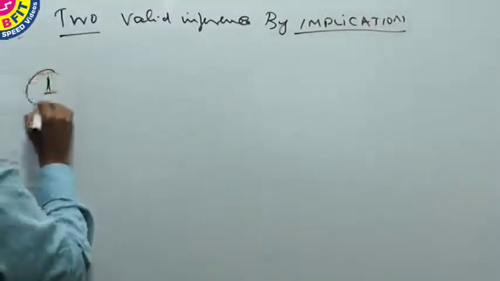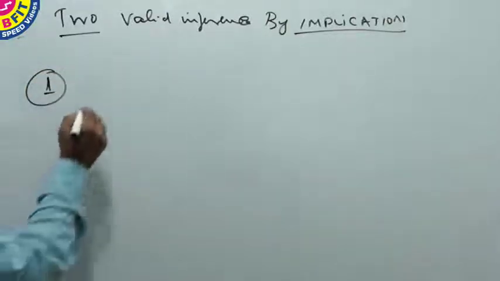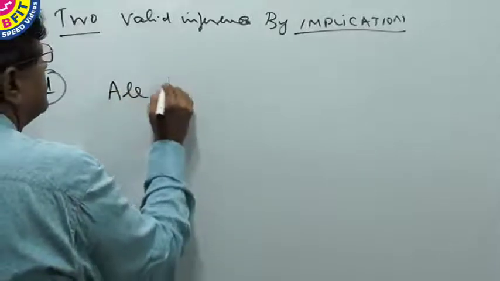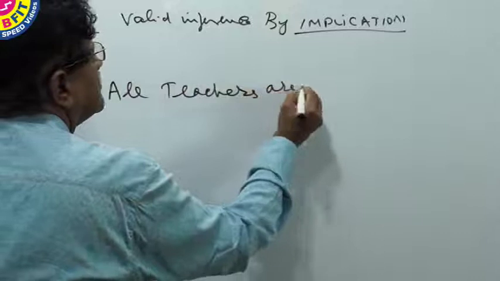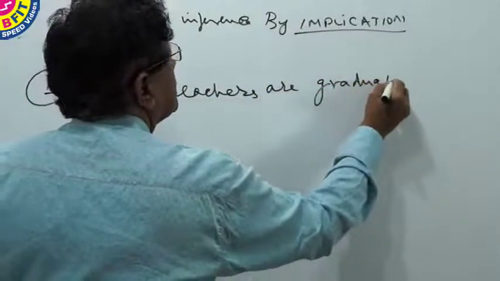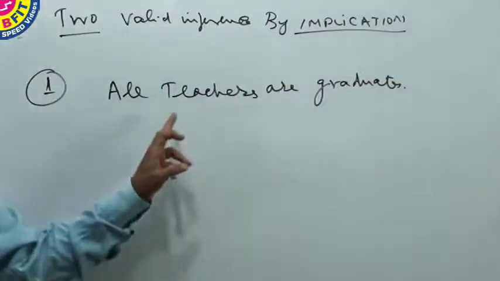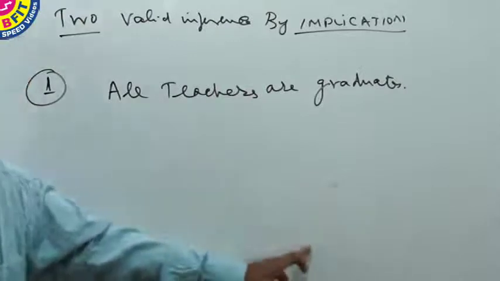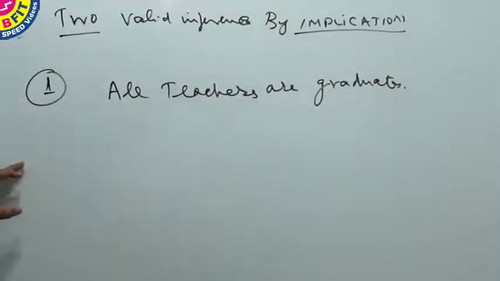One, all teachers are graduates. Now please understand, by implication means subject should remain subject and predicate should remain predicate. Therefore, we can draw a valid inference from this.